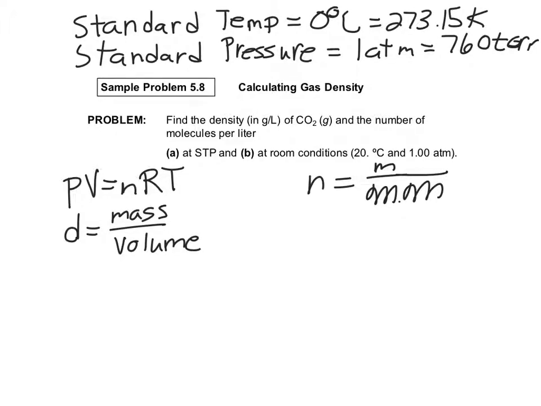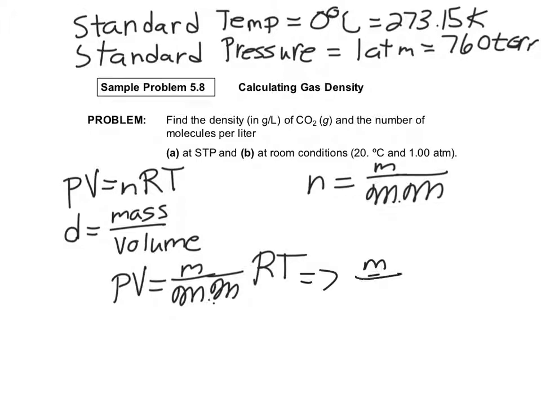So what if I plug that into PV equals nRT? PV equals the mass divided by the molar mass times RT. And now I rearrange to get mass and volume, because density is mass and volume, on one side. So I can get the mass up top and the volume down on the bottom and do some algebra here.